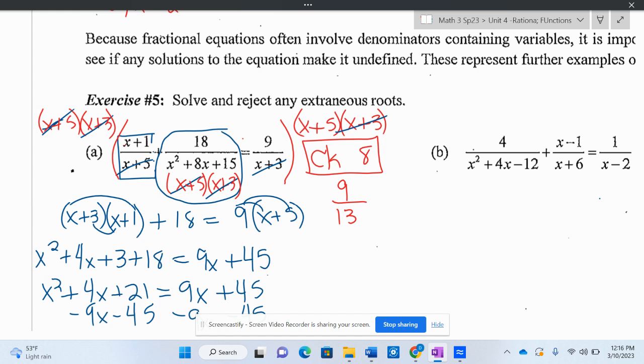You got to be with me. Plus, let's see, 18 over 8 squared is 64. 8 times 8 is plus another 64. That's okay. Plus 15 equals 9 over 11.